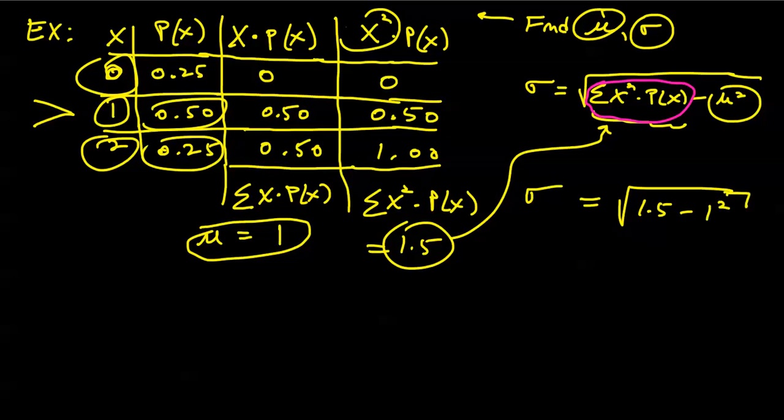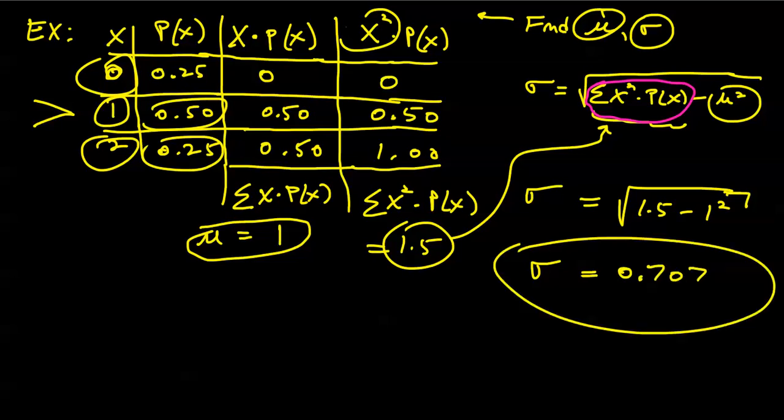So my standard deviation will be the square root of 1.5 minus 1 squared. 1.5 minus 1 is 0.5, and the square root of 0.5 would be 0.707. So there is the standard deviation of my probability distribution.